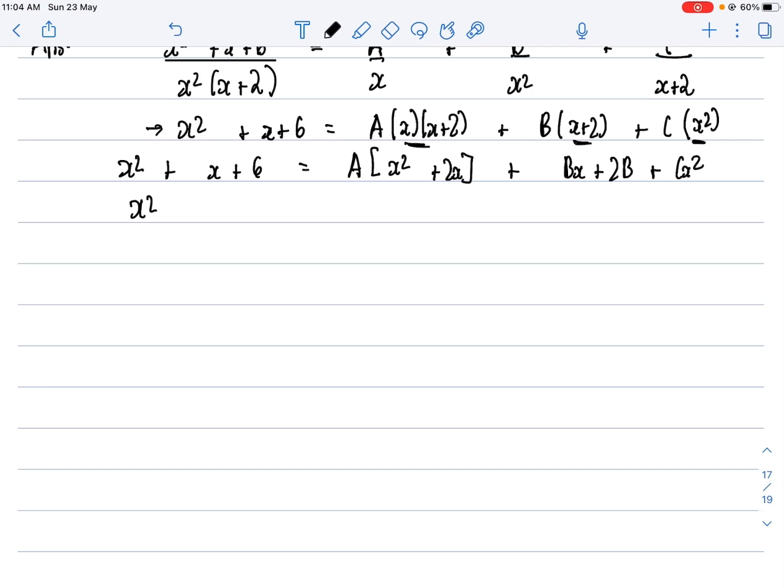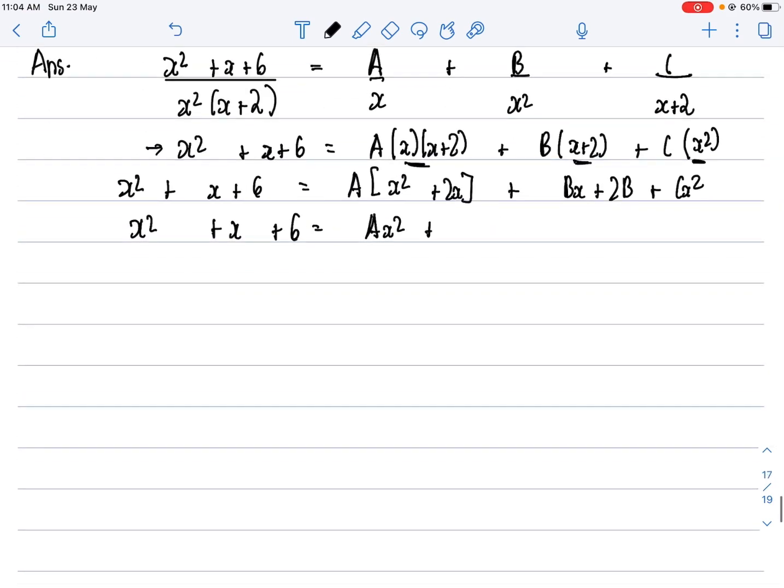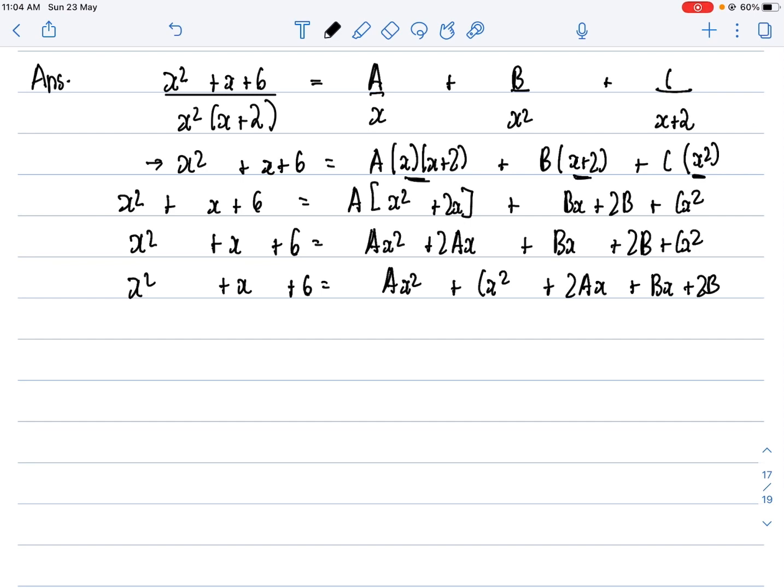So x square plus x plus 6 equals ax square plus 2ax plus bx plus 2b plus cx square. Now I'll keep all the x square, x's and constants together: ax square plus cx square plus 2ax plus bx plus 2b. Agreed? This is what I can simply do.